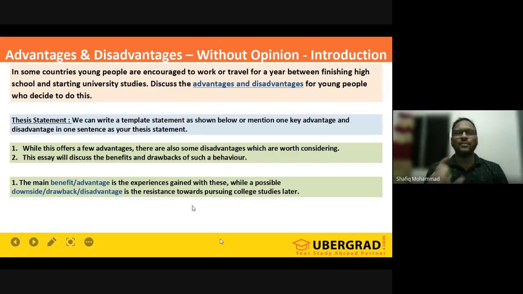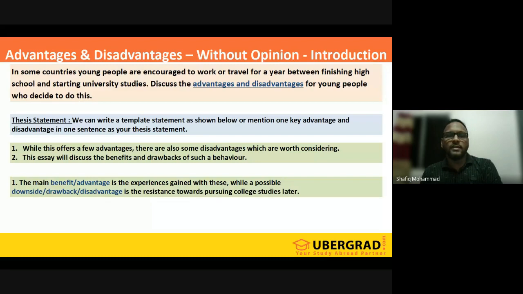So he has given in one sentence one possible advantage and also one disadvantage. So what is it? The main benefit is the experience gained over there, going to a different country. While there's also a possible disadvantage, like most people don't like to pursue further education after traveling.